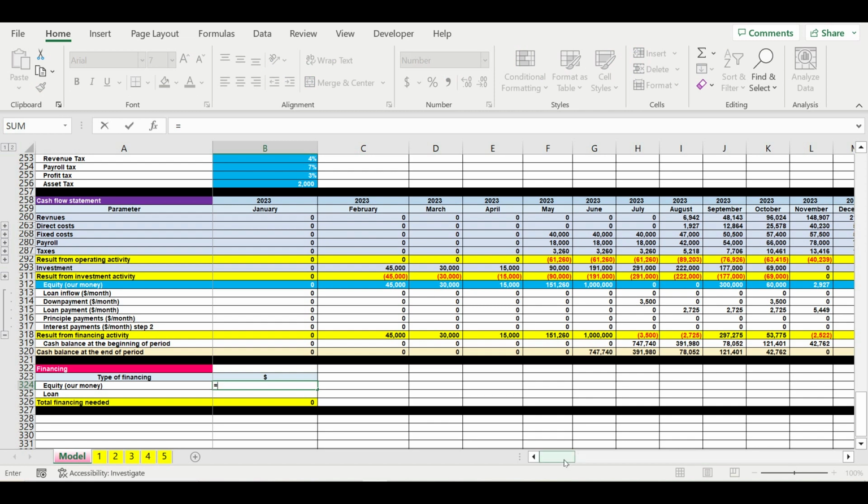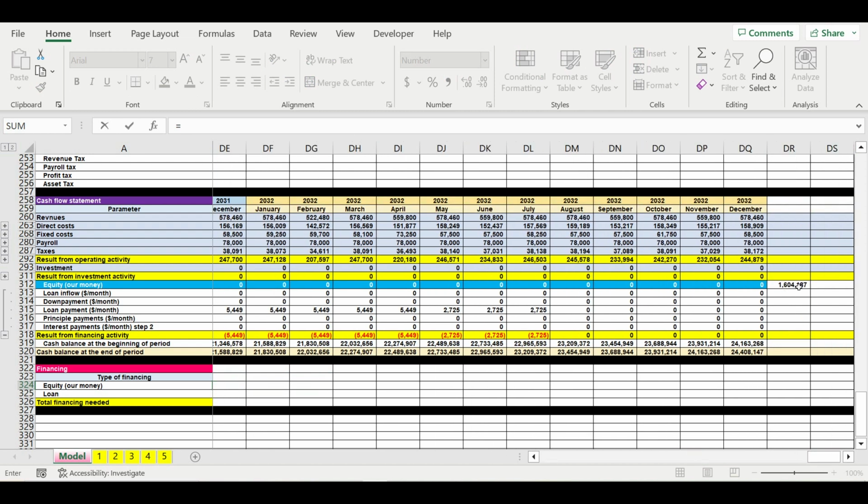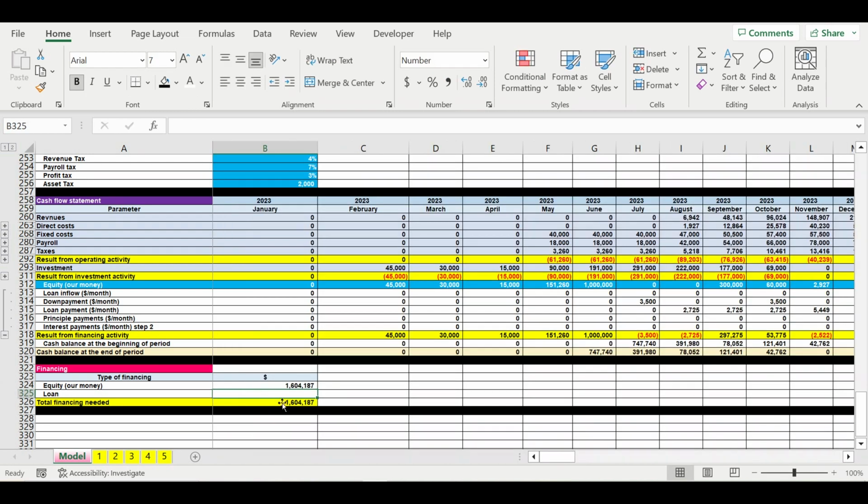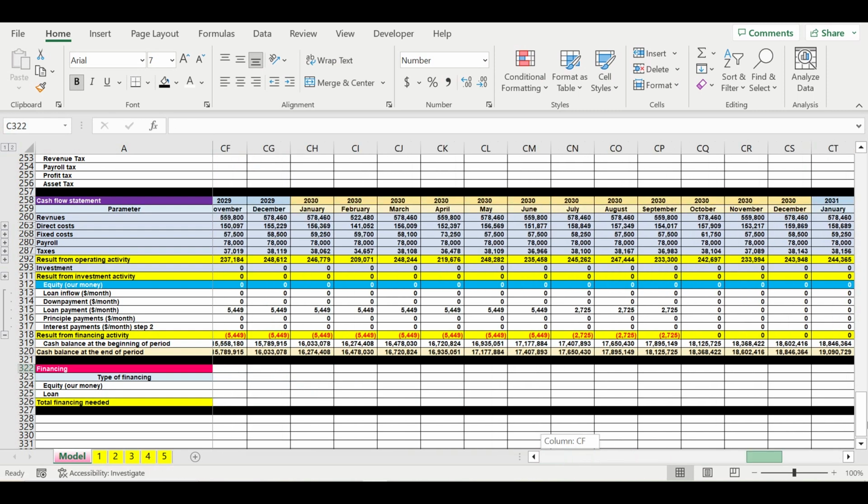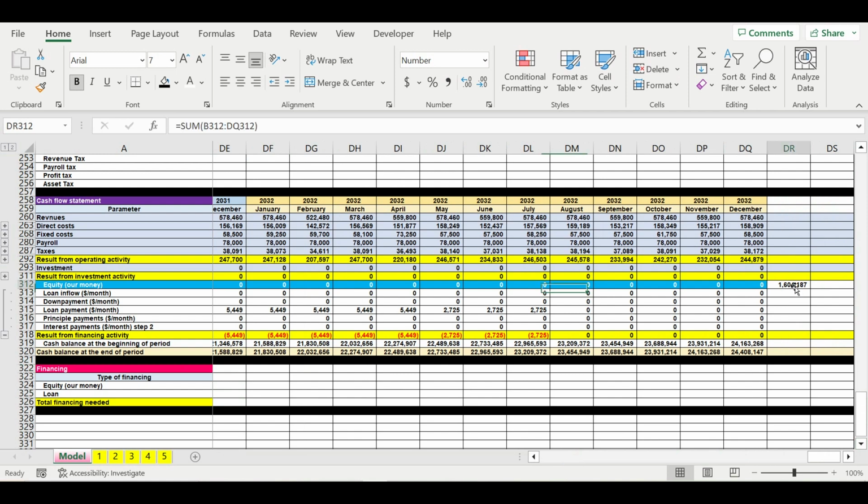So equity I will pull from here, then loan I will pull, just a second, I will pull it from here.